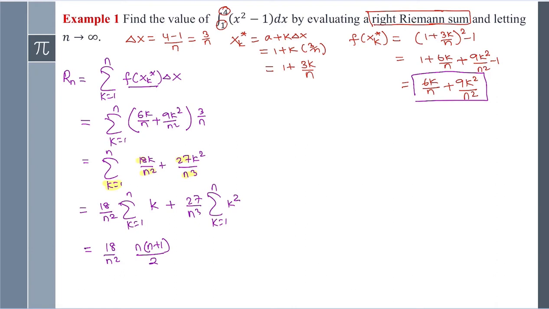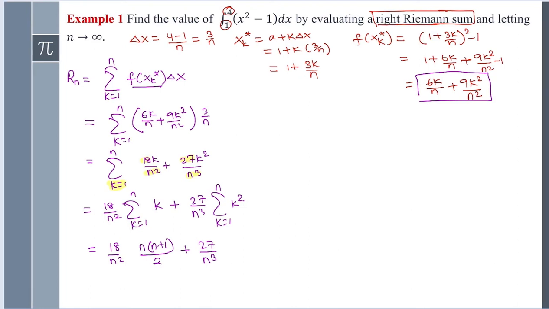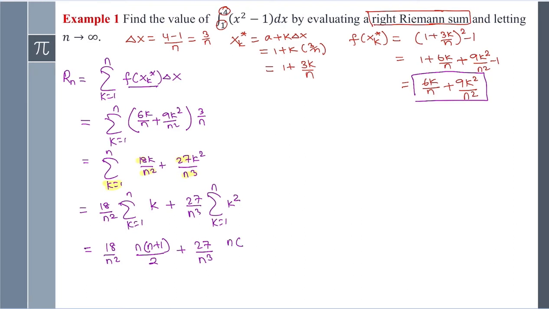Now plus 27 over n cubed, and we have seen that formula as well. This is the sum of the squares of the first n natural numbers, which is n times n plus 1, times 2n plus 1, over 6.